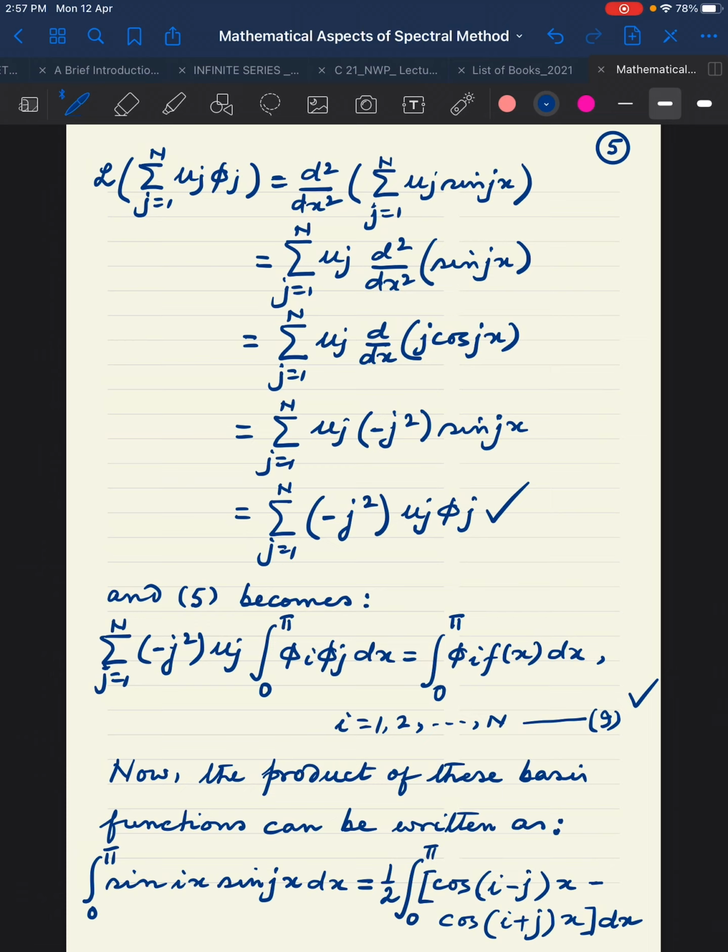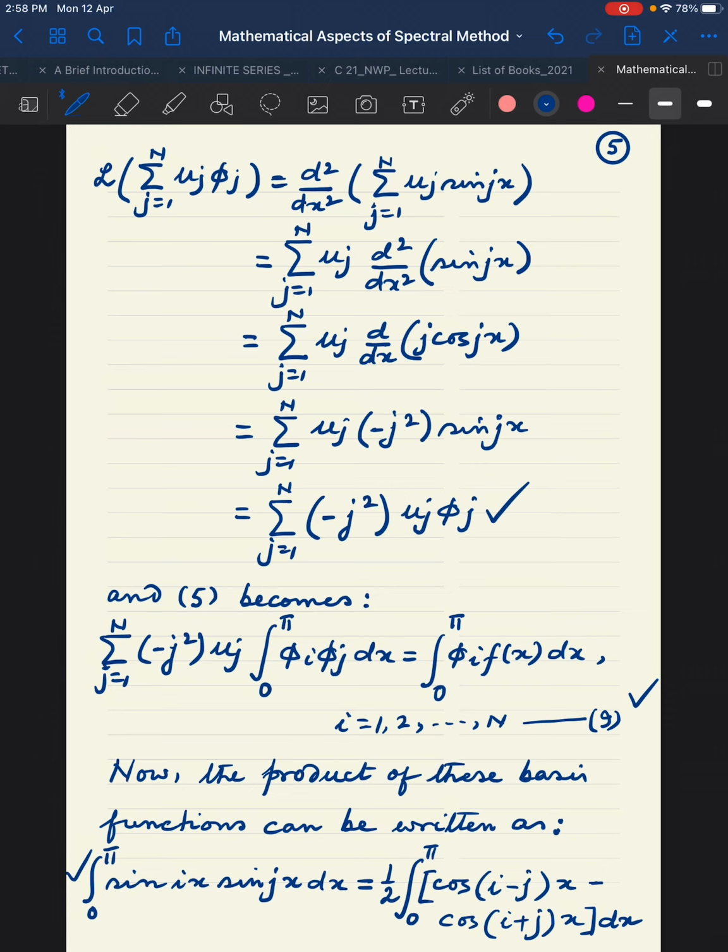Now we want to see the nature of the product of these basis functions that we have chosen. We want to verify the nature of the basis functions we have chosen. So we are first considering the product of the basis functions.